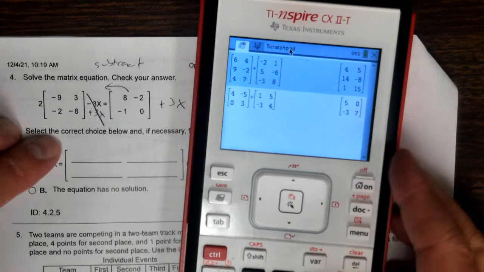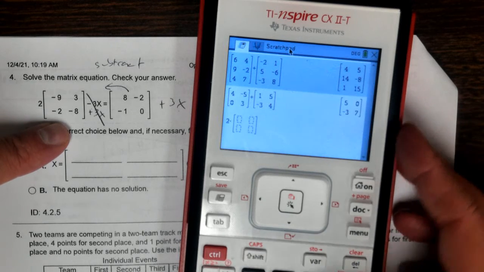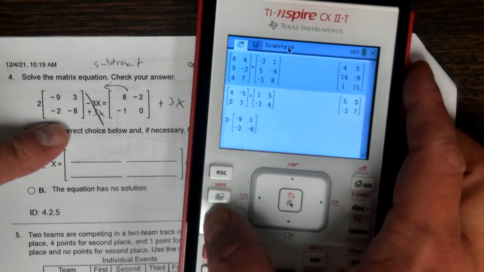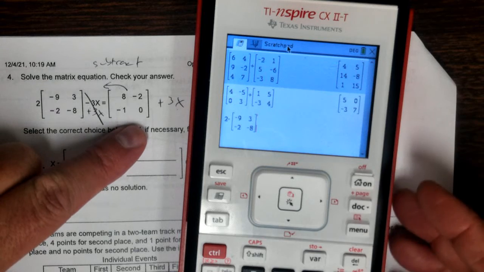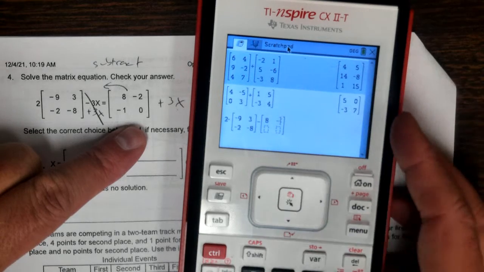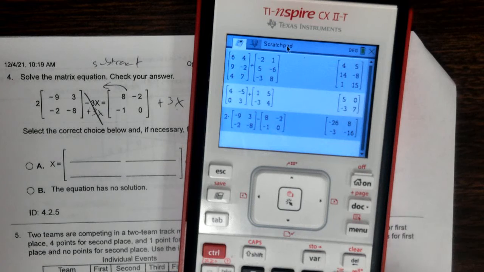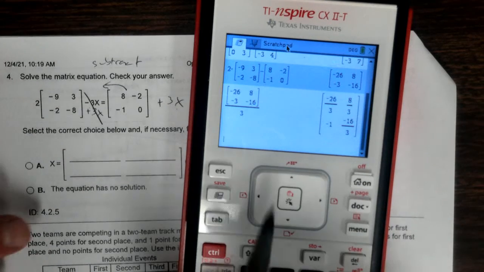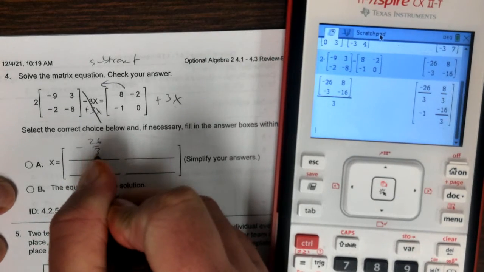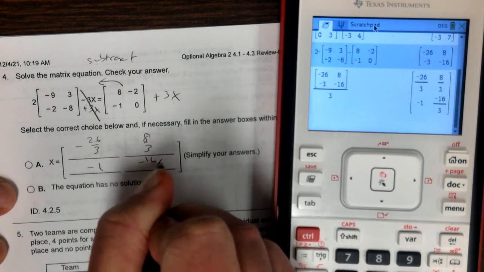So you basically do 2 times the matrix, -9, 3, -2, -8. Okay, there's that matrix, then minus the other matrix, 8, -2, -1, and 0. So you get that, and then you divide by the scalar 3, and so this is your answer, -26 thirds, 8 thirds, -1, and -16 thirds.